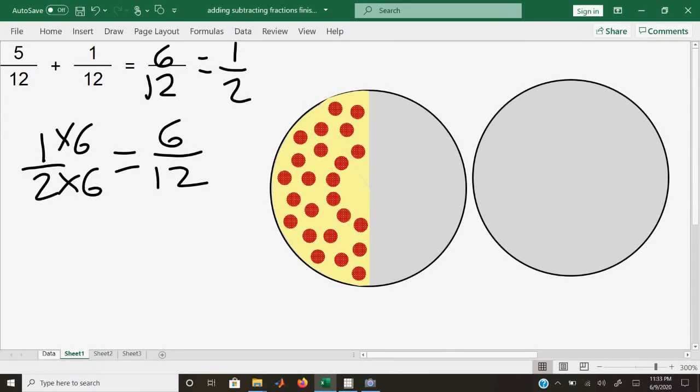So I can see that 6/12 is the same as 1/2. So if I want to change from halves to twelfths, I multiply the numerator and denominator by 6. And if I want to reduce it, I can divide them by 6.